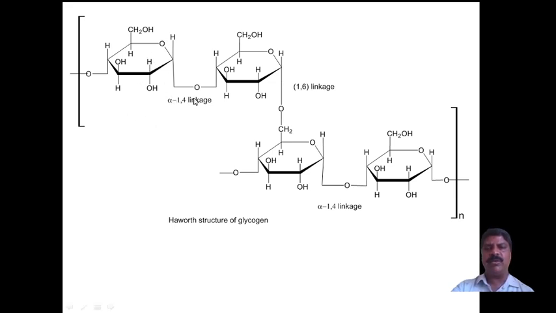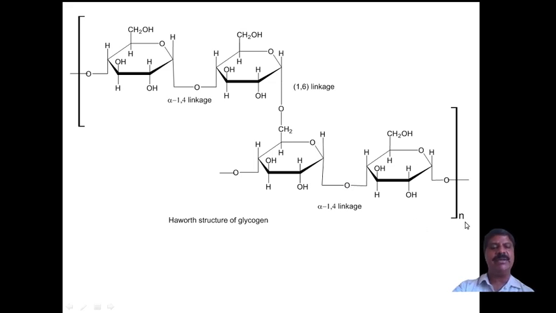Here the 1,4 alpha-D linkage takes place. After 8 to 10 monomeric units are joined, a glycosidic linkage, the 1,6 linkage, takes place. Then again 8 to 10 units join, and branching takes place.